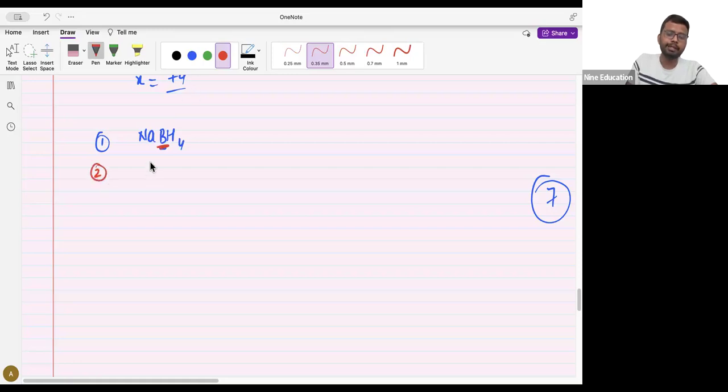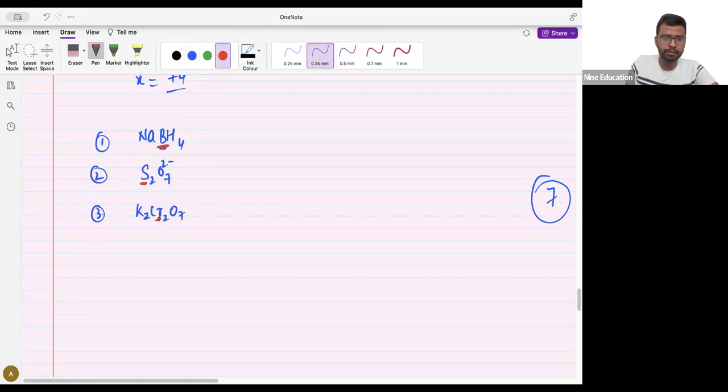Second one I am writing here. S2O7 2 minus. You have to find for sulfur. Next one, K2Cr2O7.